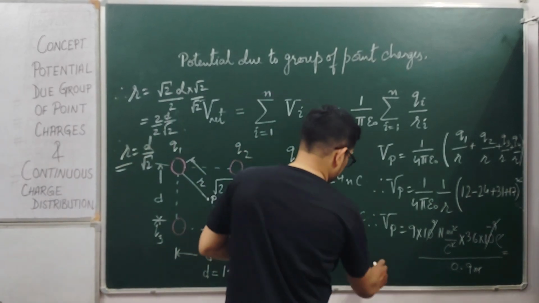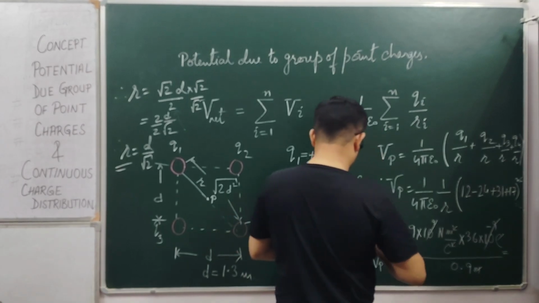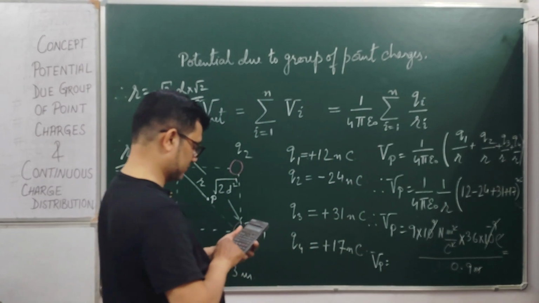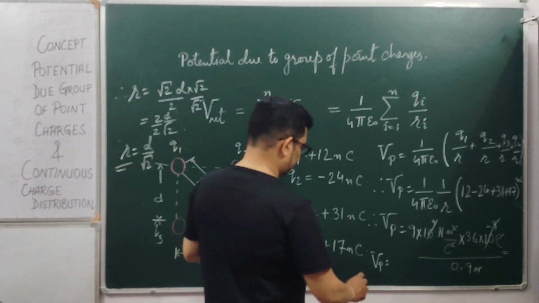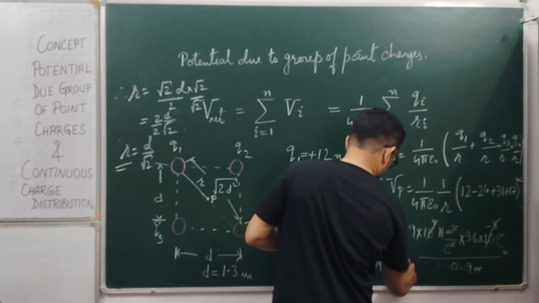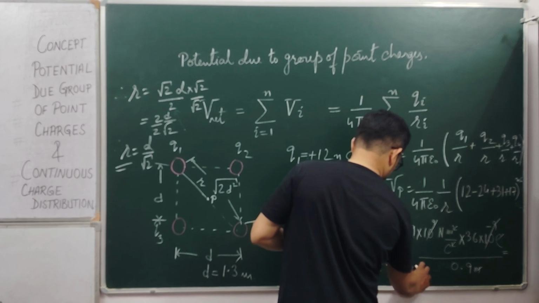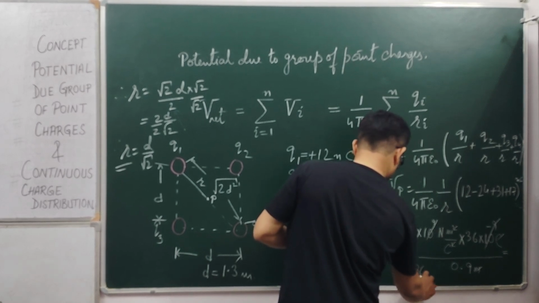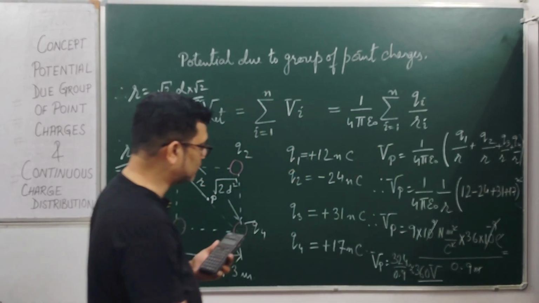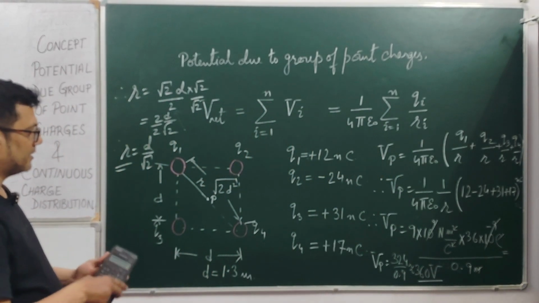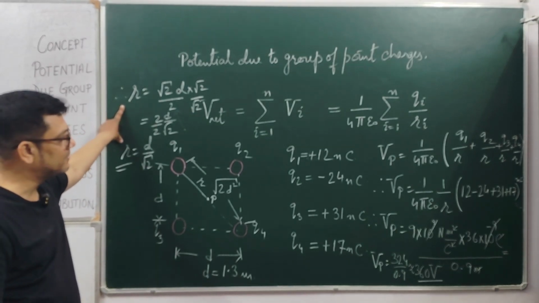So 324 divided by 0.9 comes out to be approximately 360 volts. So the answer is 360 volts, and that is how we apply the superposition principle. It's as simple as that.